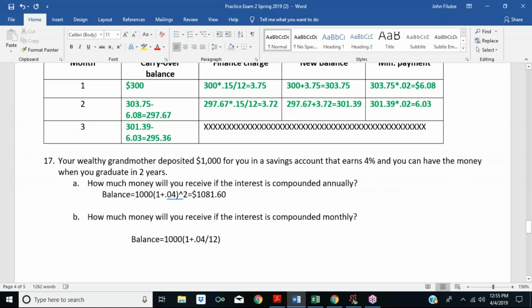Now on this one, we have a different type of power too. So this one we have 12 times 2 years. So it's the number of compoundings each year times number of years. So this number 12 is the same as that one. Then we can find that value, and it's a little bit more. Remember, the number of compoundings increases the amount. So 1083 and 14 cents.